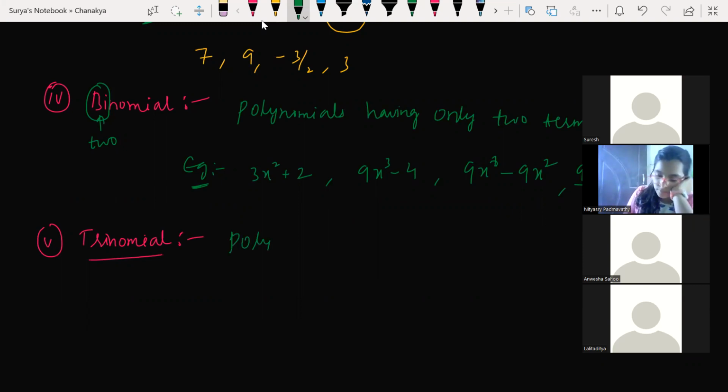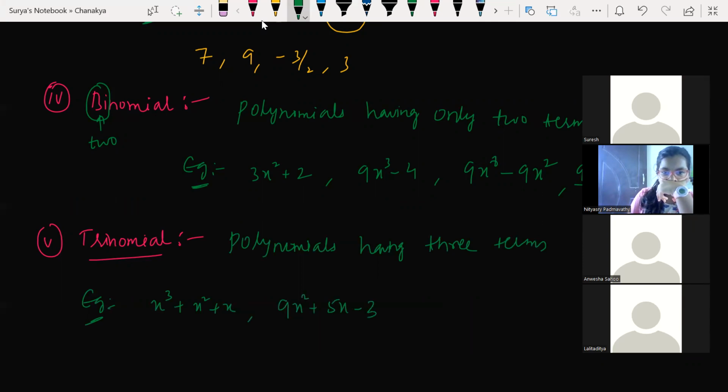Tri means 3. That's it. Polynomials having 3 terms are called trinomials. Example, you say x cube plus x square plus x. Okay, you say 9x square plus 5x minus 3, 5x cube plus 4x square minus 4.